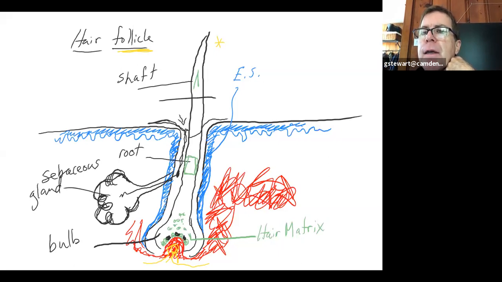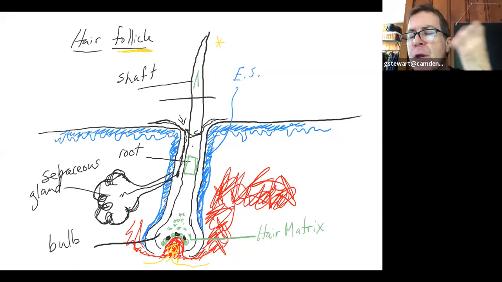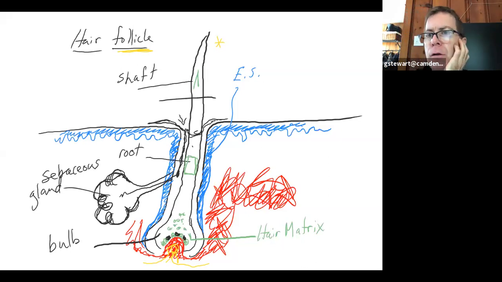So it is kind of funny that we spend all day long scrubbing the oil off of our skin, only to then reapply moisturizing lotions and creams to do what this gland was designed to do physiologically.